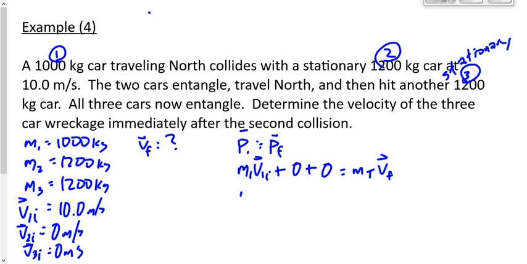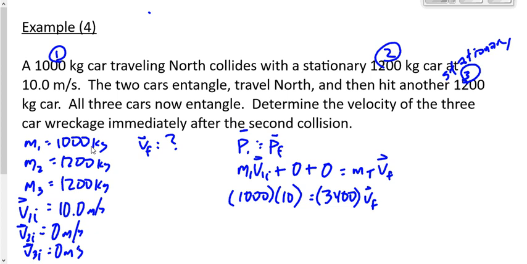Mass 1 is 1,000 kilograms times V1I, which is 10. Total mass is 3,400 kilograms. Would you expect VF to be bigger or smaller than V1I? Smaller. All of the momentum was due to one object. Now that same amount of momentum is spread amongst 3 objects.